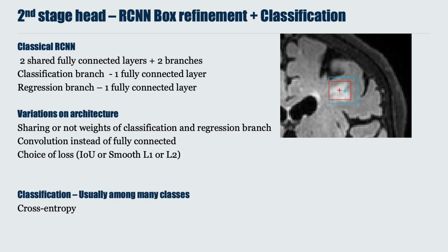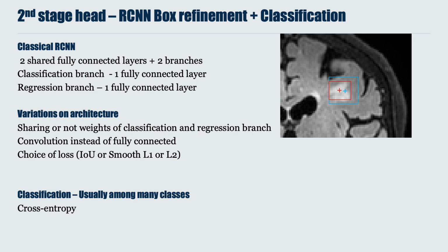So now that we have done our proposal, that we have extracted the features that we need through the RoI pool, RoI Align, we go to the second stage of the network, which is the refinement and the final classification. So classically, the RCNN head is two shared fully connected layers, followed by two separated branches, where the classification branch is just a fully connected layer, and the regression branch is just a fully connected layer.